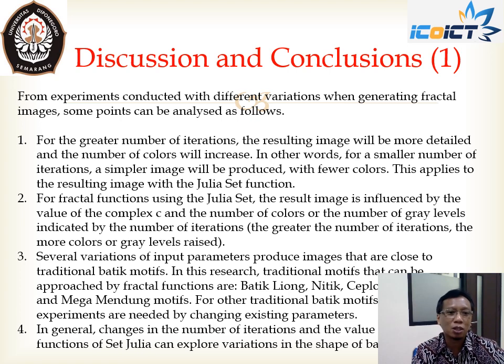This applies to the resulting image with the Julia set function. For the fractal function using the Julia set, the resulting image is influenced by the value of the complex C and the number of colors or gray levels indicated by the number of iterations. Or we can say that the greater the number of iterations, the more colors or gray levels are raised.